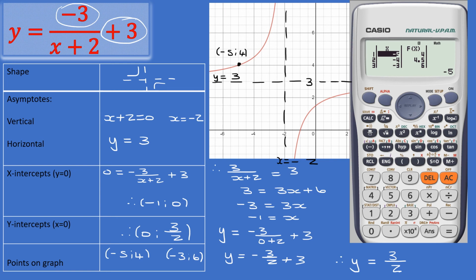We can also go -3 and, for example, 6 as another point. We have our x-intercept at -1 and 0, and our y-intercept at 0 and 3 over 2. Connect the dots, and there you go.